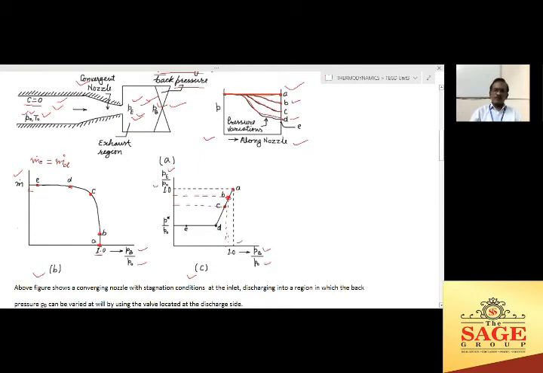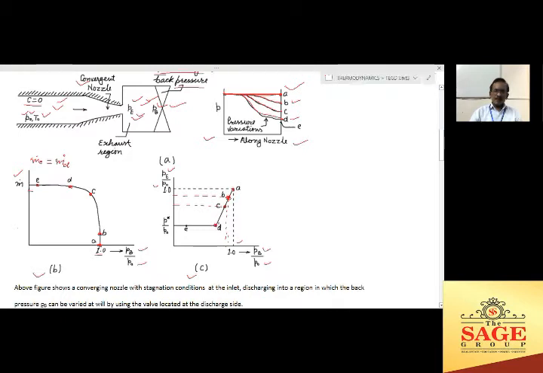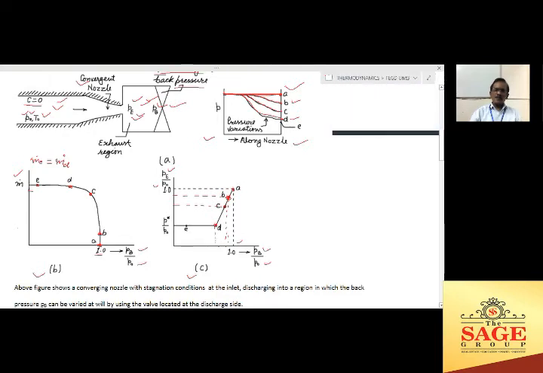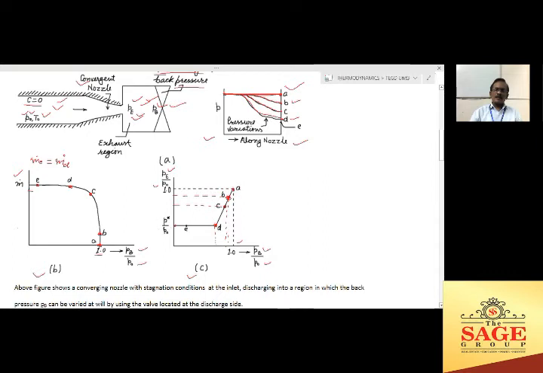Now suppose we are reaching this point D. At point D, there is some value of the back pressure, and corresponding to this we get some value of the pressure ratio to the stagnation pressure.